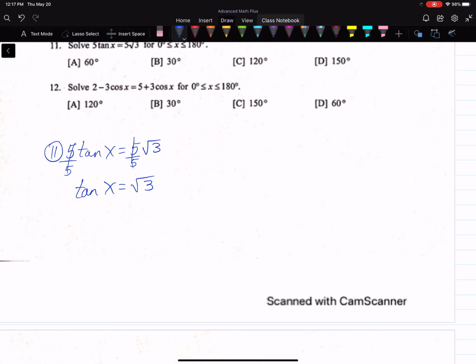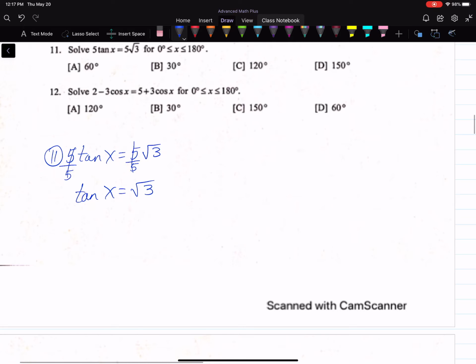If you've forgotten how to get rid of sine, cosine, tangent, you do it by taking the inverse of them. So x will equal the inverse tangent of square root of 3. I'm basically taking the inverse tangent on both sides, I'm just not writing it on the left side because I don't really need to. And from there, we stick it in our calculator.